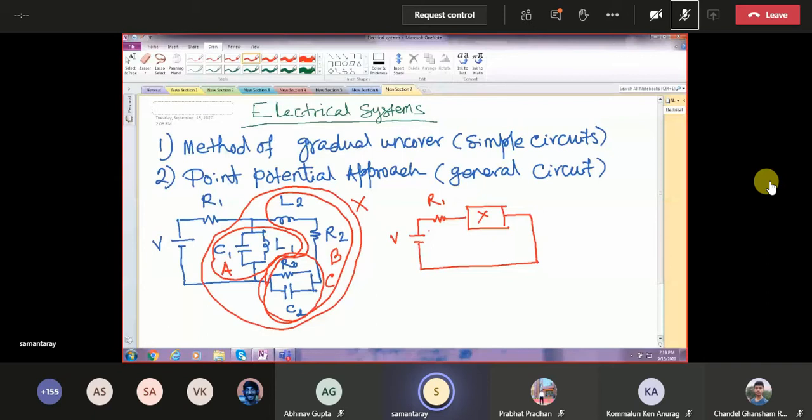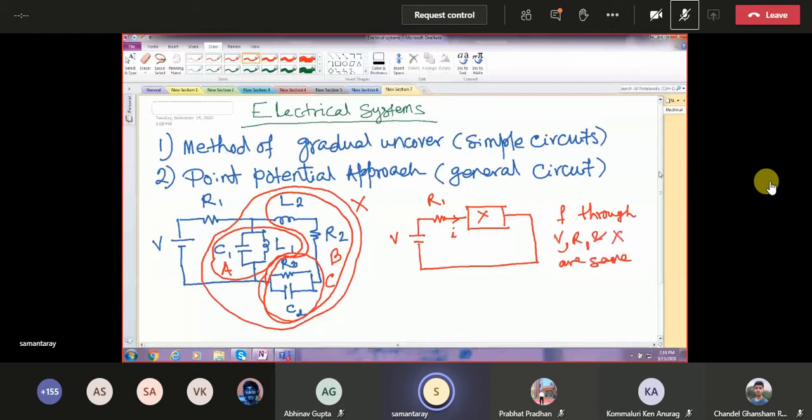So what we do is we find that the flow through B, R1 and X are the same. So this is one junction.